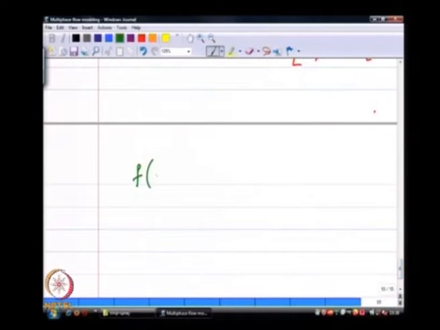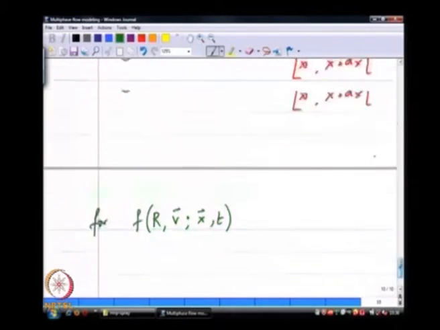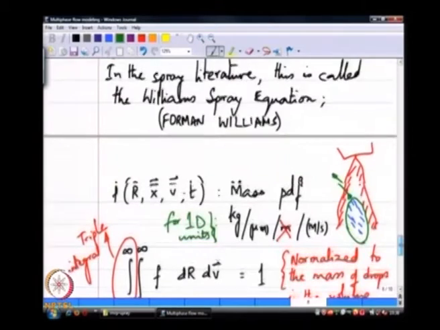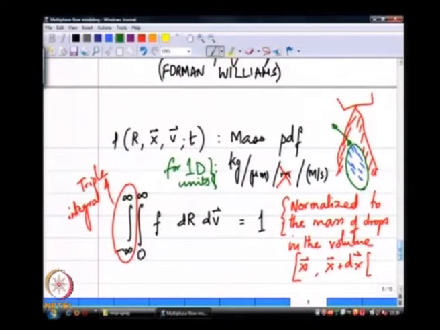If f is a function of r and v with x and t as parameters, then only r and v are my variables, whereas if x is included, then I have another triple integral from minus infinity to infinity of dx.